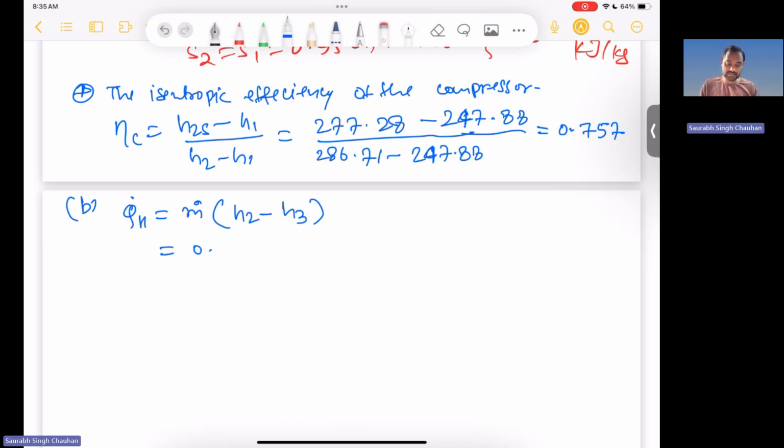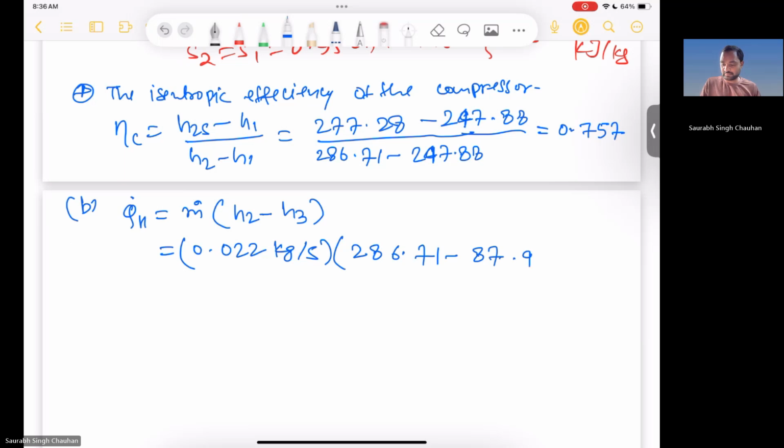Again, if you just substitute the values, mass flow rate is given in the question, 0.022 kilogram per second, and H3 and H2 we have already got. So this value is coming out to be 4.373 kilowatt. Okay.